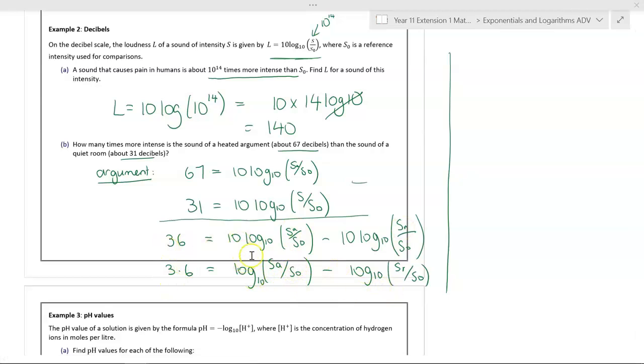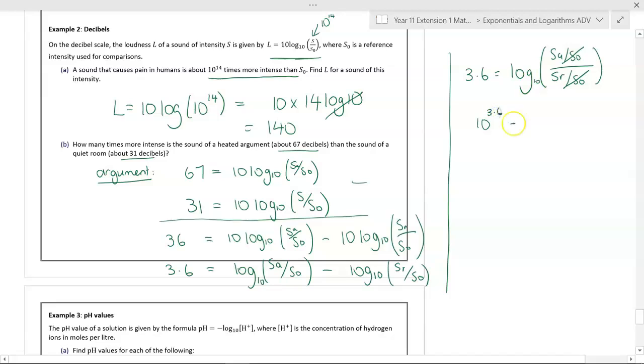So first I've divided everything by 10, and now I'll combine my logs. So 3.6 equals log of S_A over S0 over S_R over S0. Let's cancel those reference levels. Okay, now let's rearrange that. So 10 to the power of 3.6 is the ratio of the sound of the argument to the sound of the room.